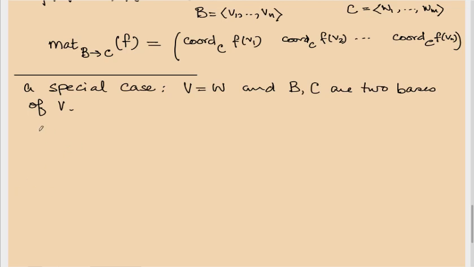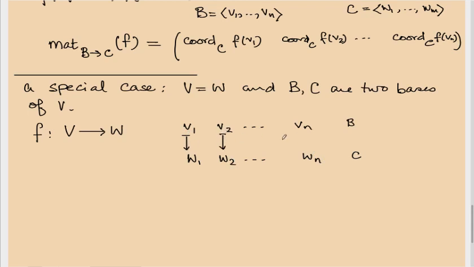So my linear transformation from V to W takes V1 to W1, V2 to W2, and Vn to Wn.